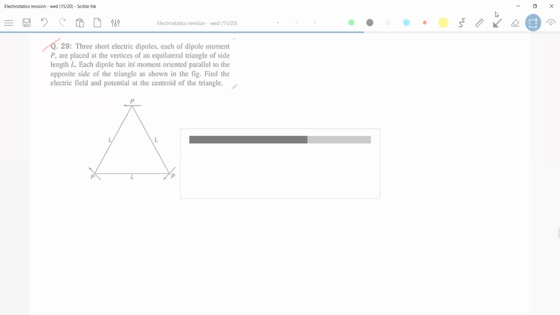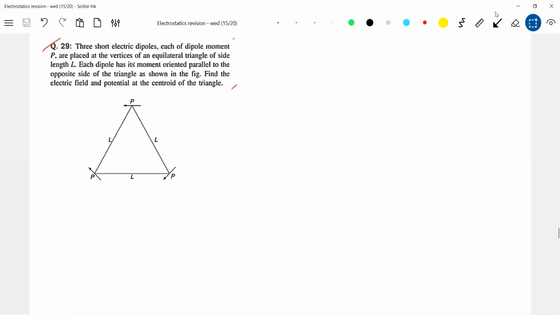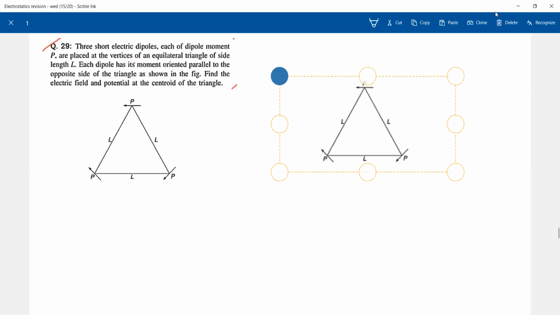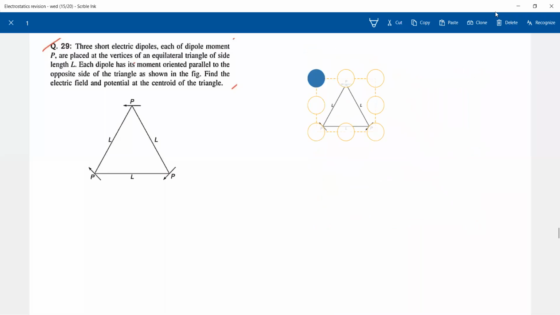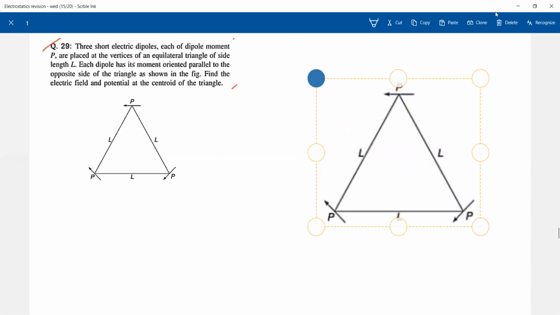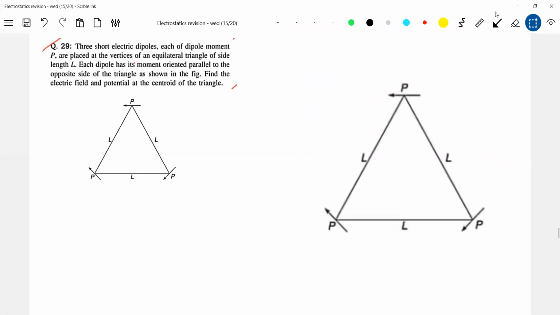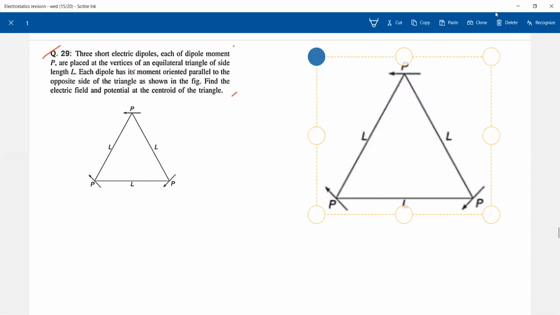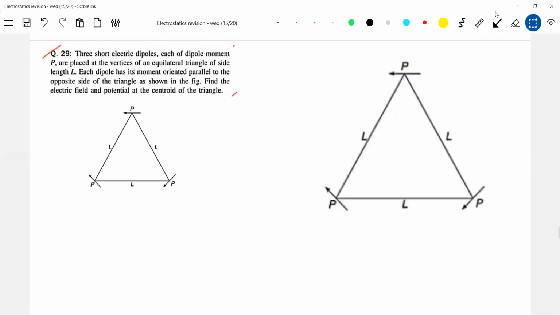It is asking what the electric field and the potential will be at the centroid of the triangle. Let's come to this one.